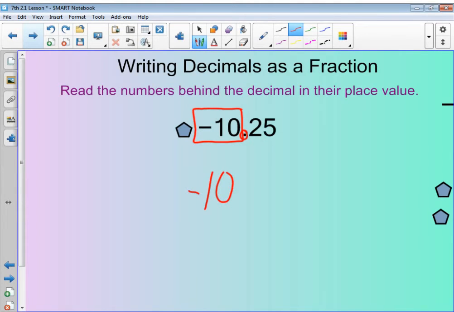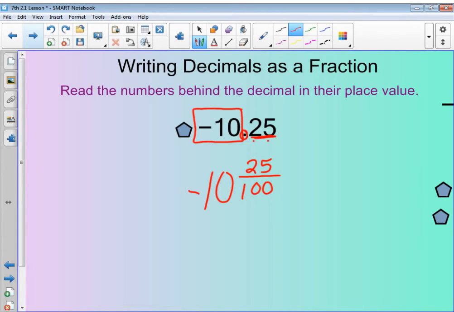So there's my negative 10. This is going to be my top number, so 25 is the top. Over, there's 2 numbers, so I'm going to have a 1 with 2 zeros. So I've got negative 10 and 25 hundredths. If I was going to write it out in words, that's how I would write it out in words.